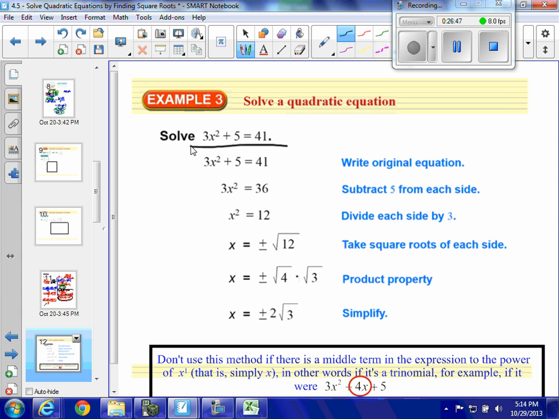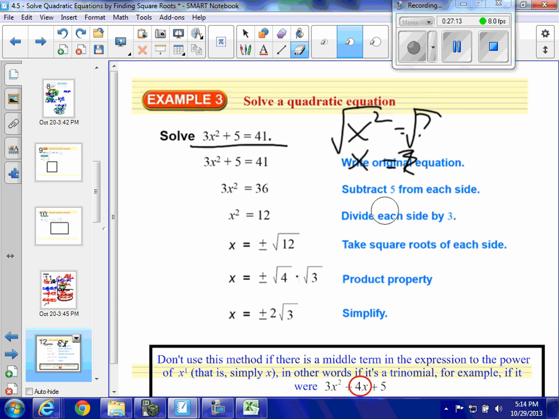What I want to do is get x squared all by itself on one side of the equation and something else on the right side, because that way I'll be able to take the square root of both sides and wind up with just x equals some number.